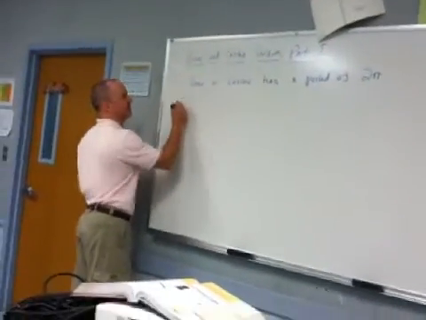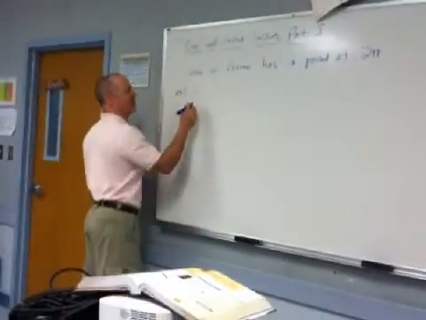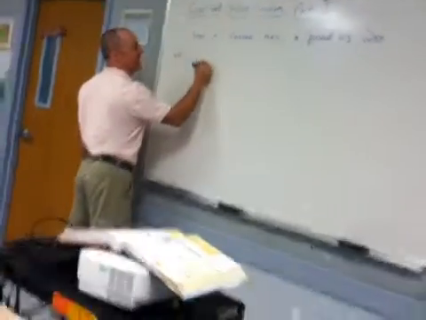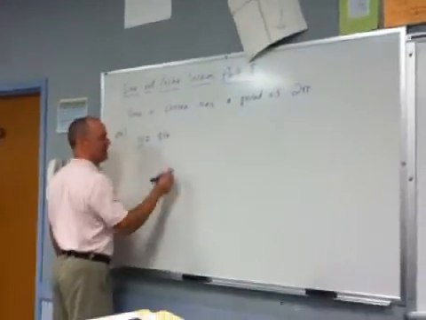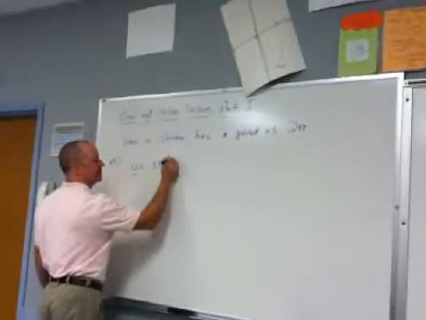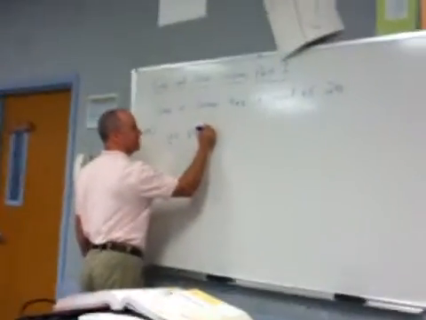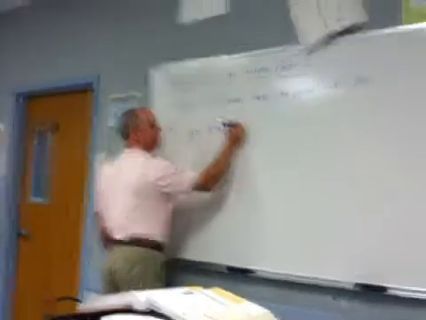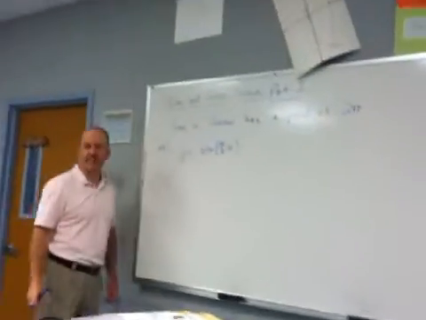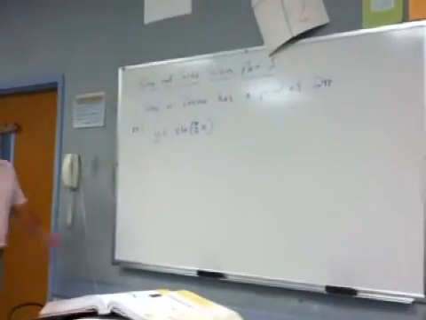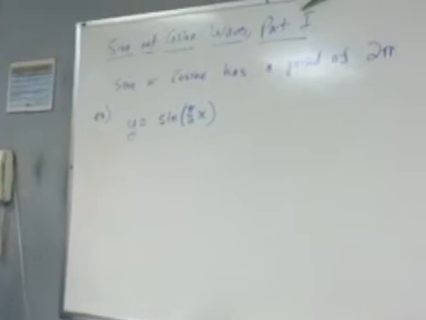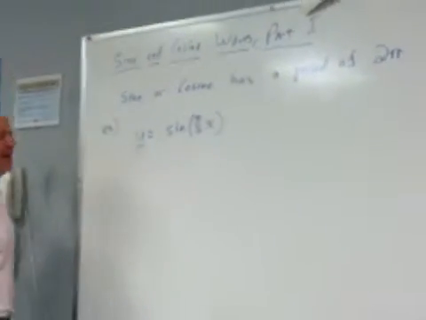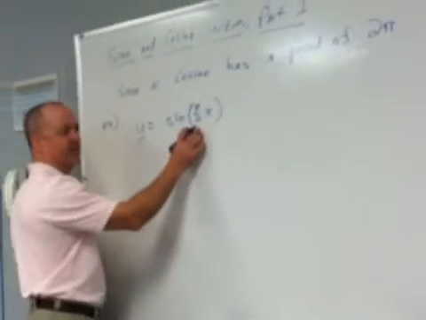So, for example, if I want to graph y equals the sine of pi over 2x. This b I said over there is what you divide all your x's by. This pi over 2 is going to change your period.